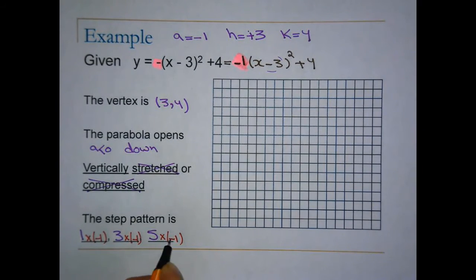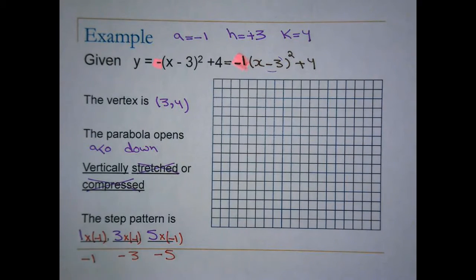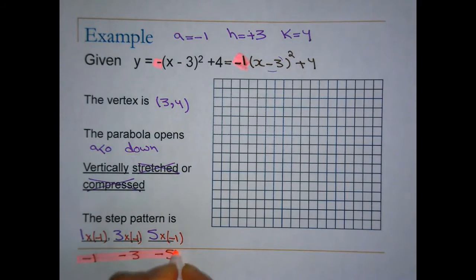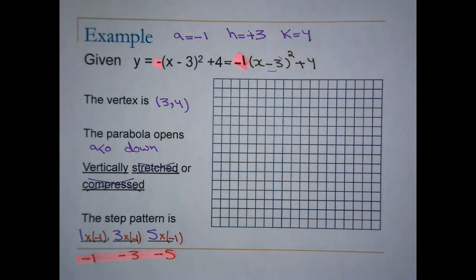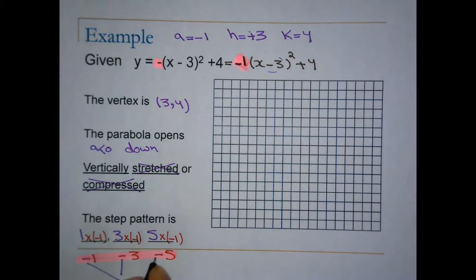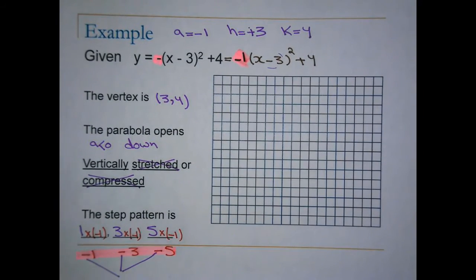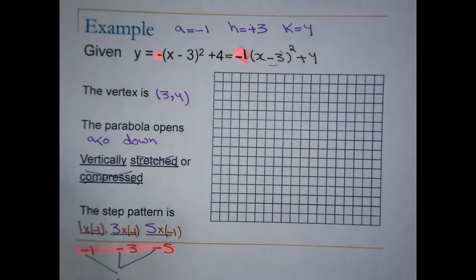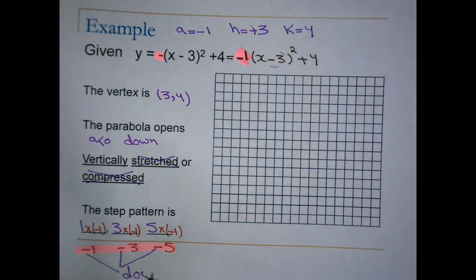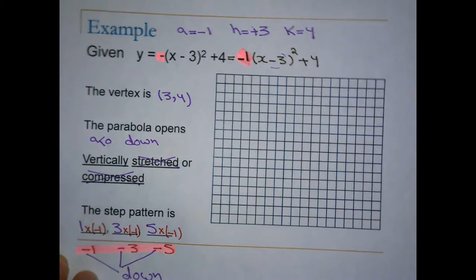You cannot have two symbols one after each other. So that's -1, -3, -5. So that's going to be our step pattern. And I'm sure you know that the negative here implies that you go down and not up.